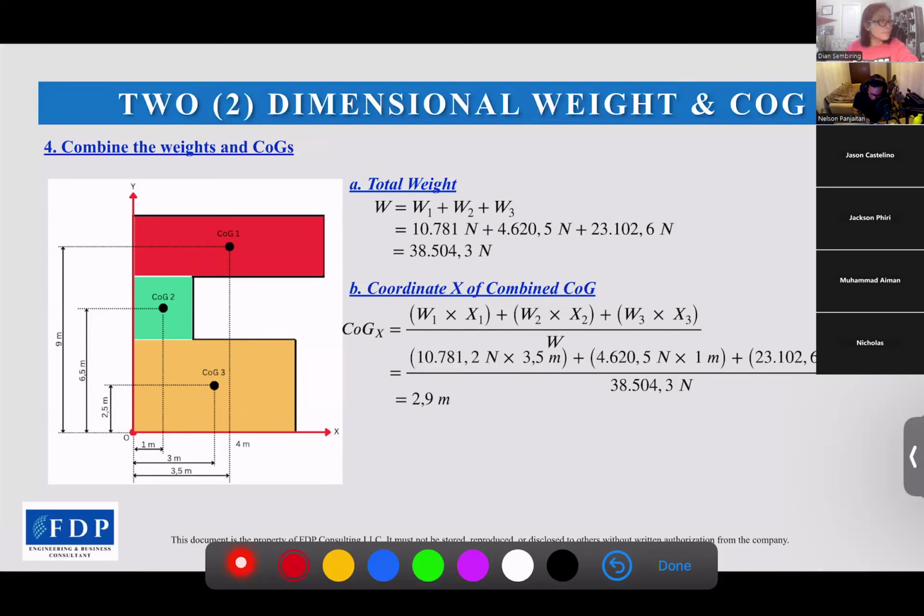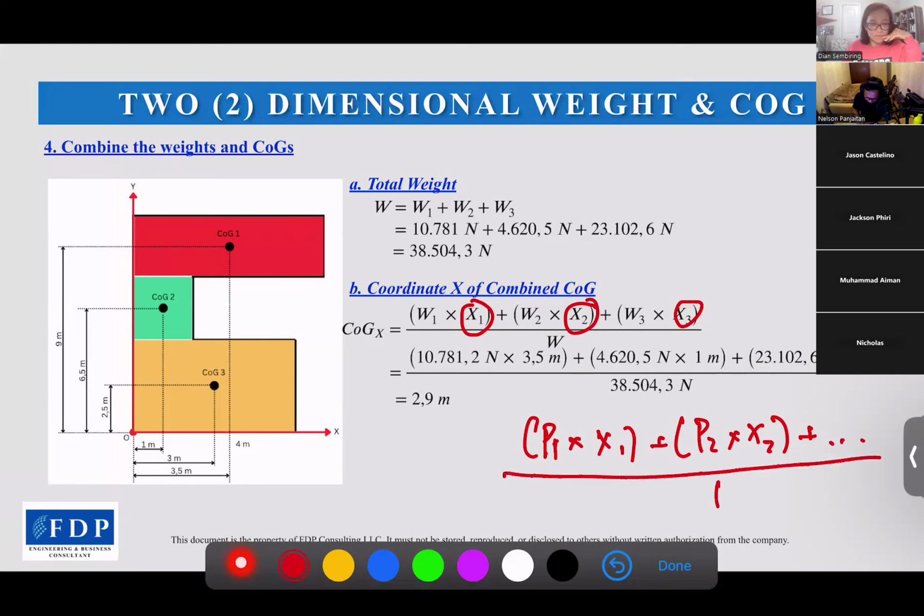And then to combine the COG, we use the same formula as I mentioned before. For the COGX, we introduce the coordinate x here. Previously the formula is P1 times x1 plus P2 times x2 plus however many loads you have on the system, and then divided by the total load.